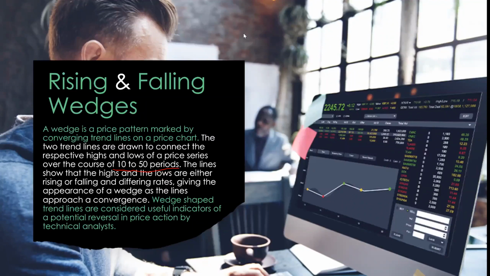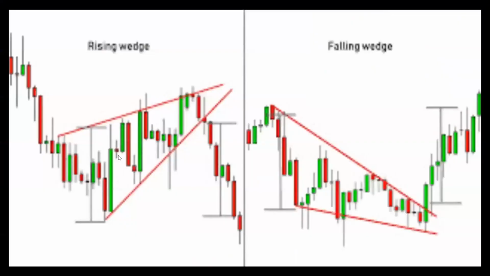Wedge-shaped trend lines are considered useful indicators of a potential reversal in price action by technical analysis, all right? So a rising wedge is actually bearish and a falling wedge is very bullish. But you can see we have two converging lines sandwiching in on each other. It's a reversal of the current trend that broke into that.